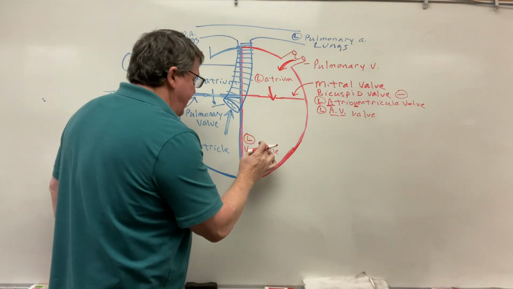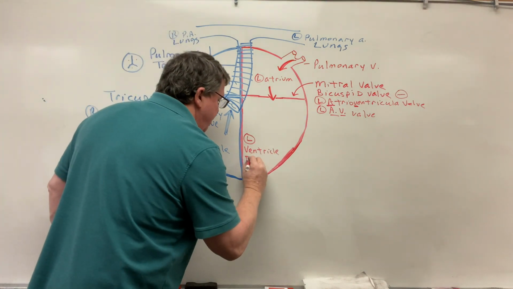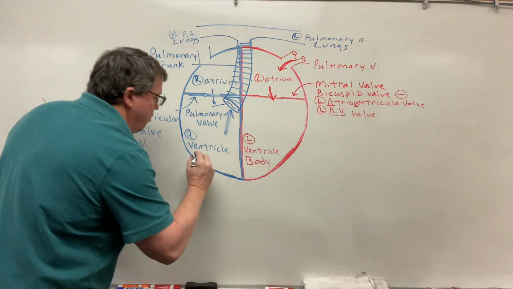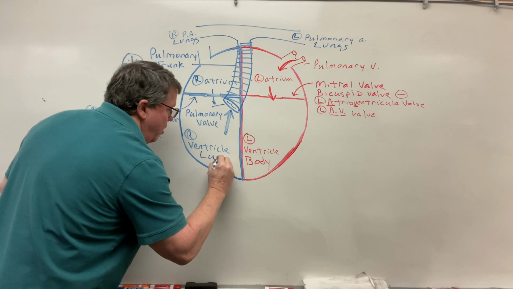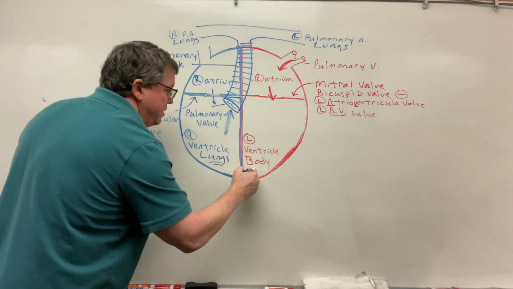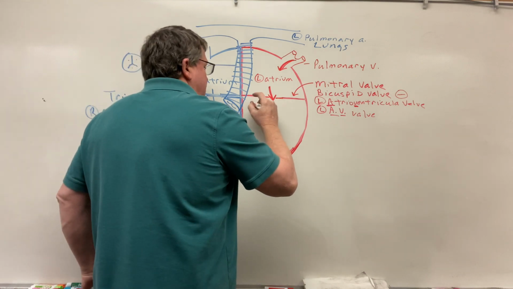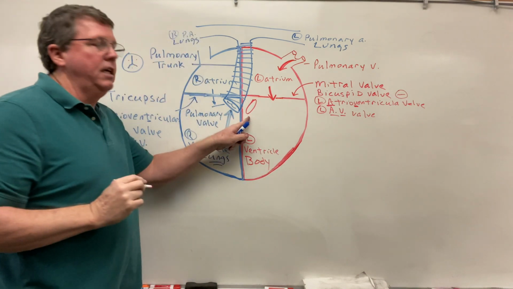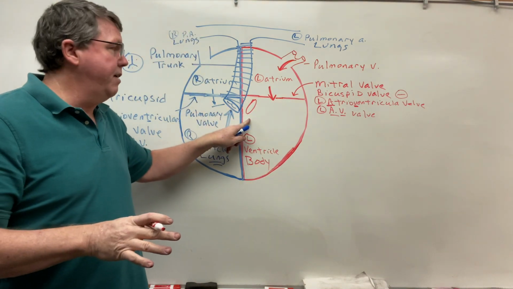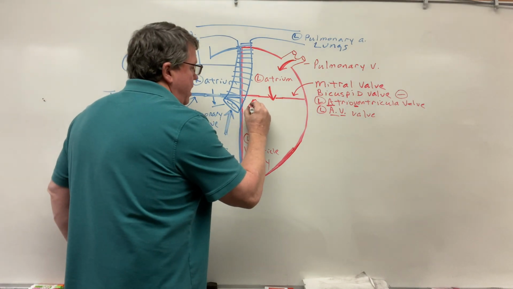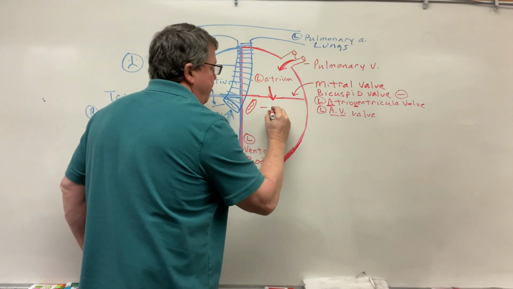But now the left ventricle is going to pump blood out to the body. And I'm just going to go back 1 second here just to reiterate, this is going to the lungs, this is going to the body. So to go to the body, it leaves the heart, it leaves the left ventricle, going past the aortic valve. So this is going to be my aortic valve right here.